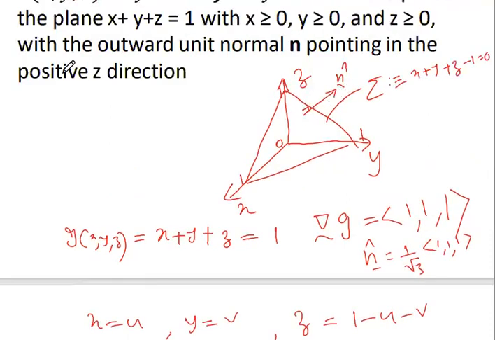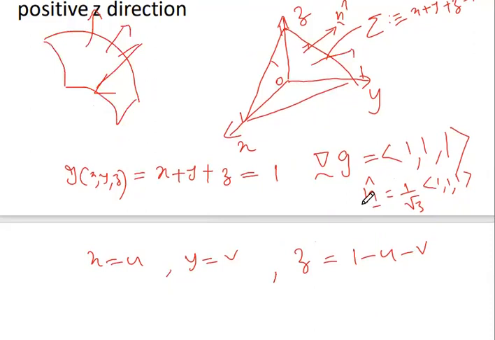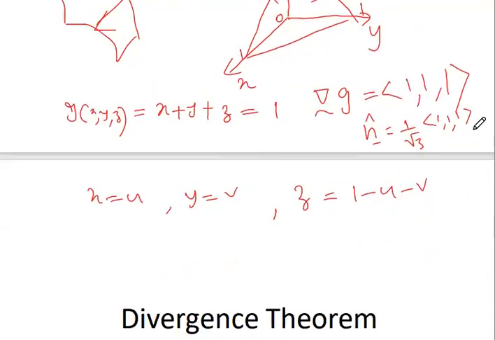If you have a surface like this, outward means you have this one here. Inward means inside. This is going outward. So this is the unit normal outward vector.